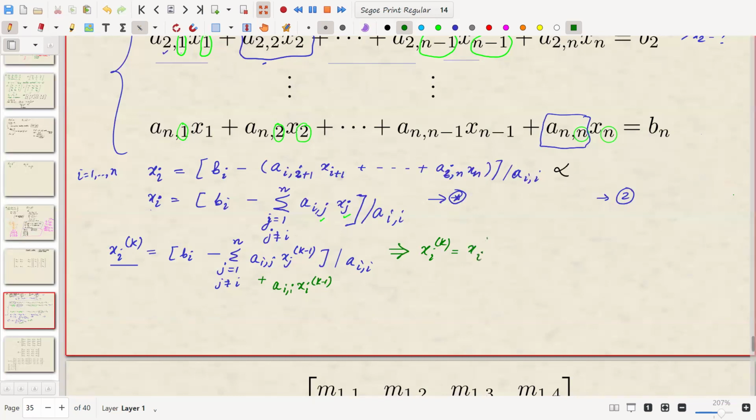So xi at the k minus 1th step plus the remaining as per your step, bi minus summation j not equal to i of aij xj at k minus 1. Nothing else. Do you understand? How many of you did not get it?